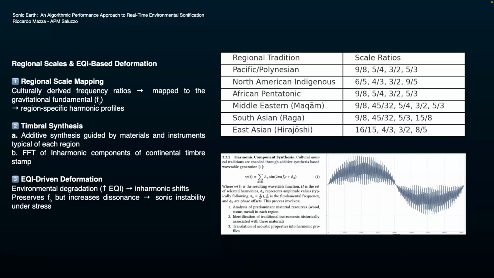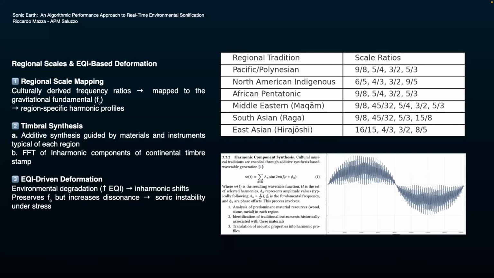I did an FFT of this kind of sound, and I can perform this during the performance. So regional scales, pentatonics, timbre stamps, which I can create, a cultural layer against all the other things.